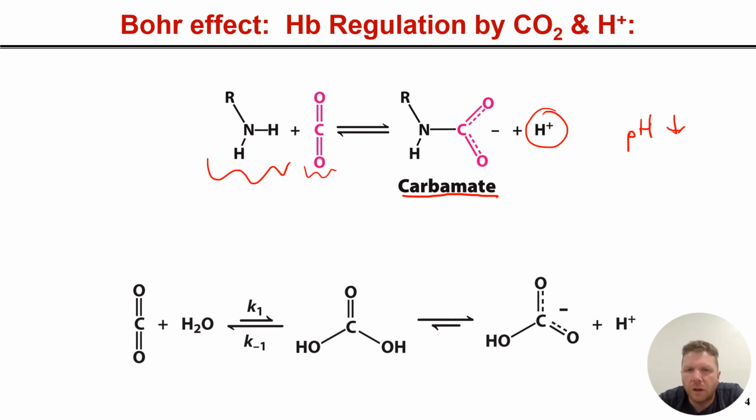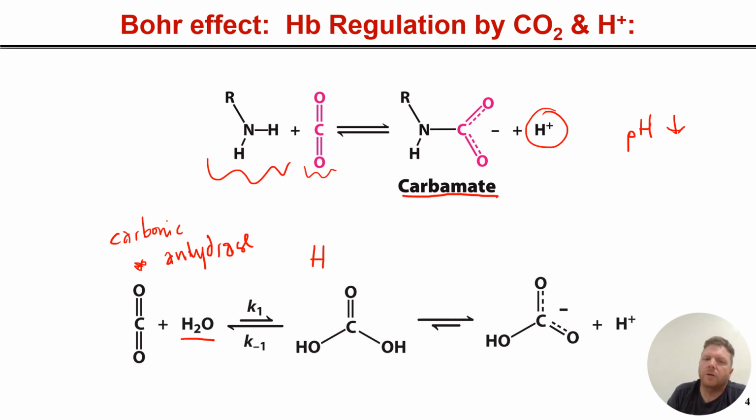Now, there's a little bit to unpack here. One thing that takes place is that this CO2, depicted right here, will react with H2O, and the enzyme that catalyzes this reaction is known as carbonic anhydrase. This carbonic anhydrase will produce this molecule H2CO3.